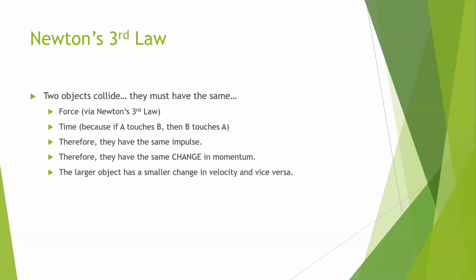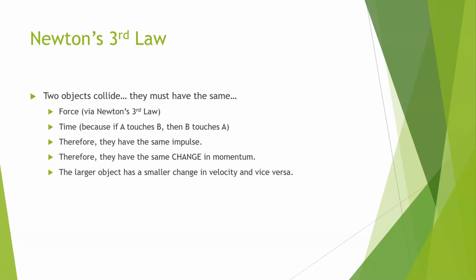By Newton's third law, the force has to be the same. The time also has to be the same. It is impossible for object A to make contact with object B without object B making contact with object A. Therefore, since impulse is force times time, they would have the same impulse. And since impulse, by definition, is a change in momentum, the two objects would have the same change in momentum.